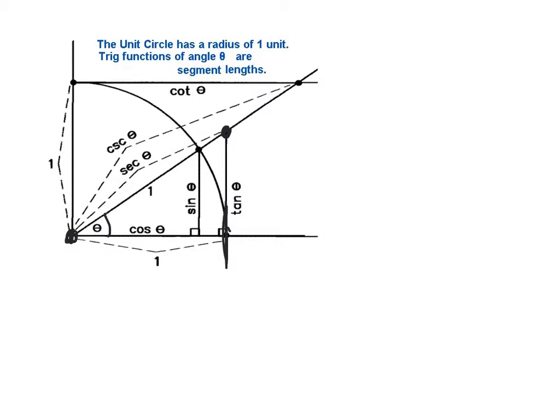Well, for the cotangent, you go to the top of the unit circle and draw a horizontal line and intersect that with the ray coming from the origin, representing our angle theta. And this distance here represents cotangent of theta.